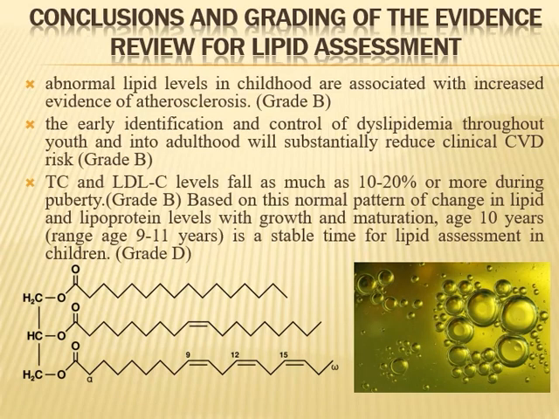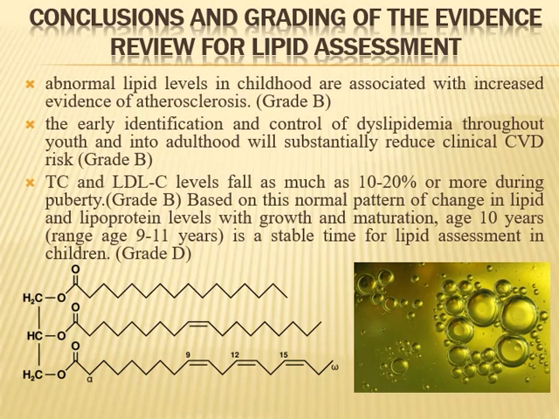Lipid assessment has the following evidence. Abnormal lipid levels in childhood are associated with increased evidence of atherosclerosis. The early identification and control of dyslipidemia throughout youth and into adulthood will substantially reduce clinical CVD risk beginning in young adult life.